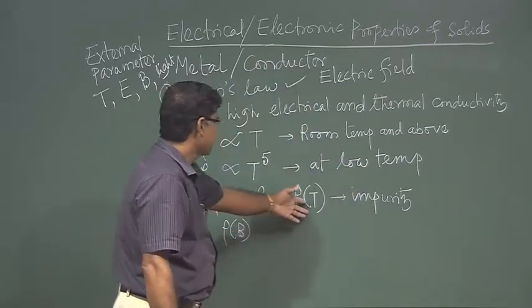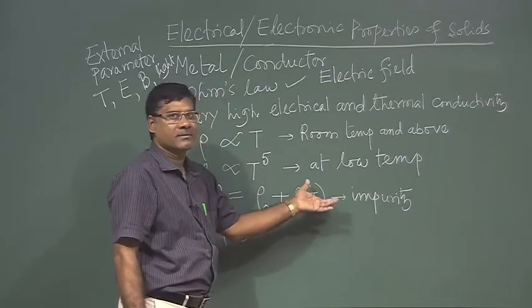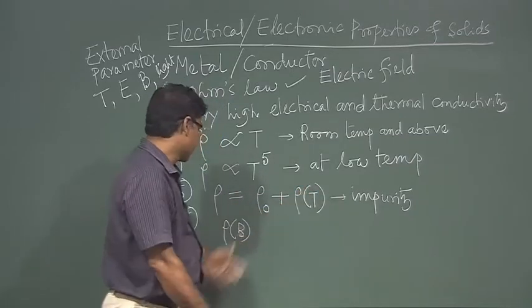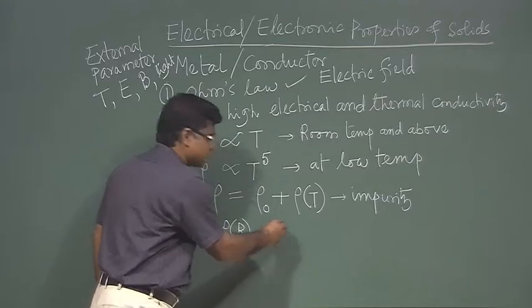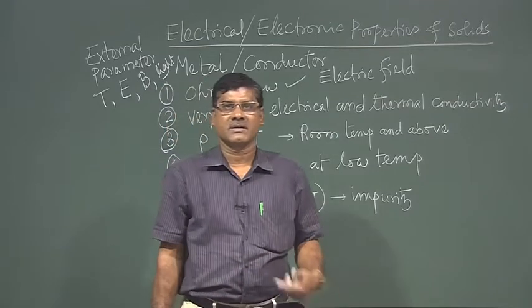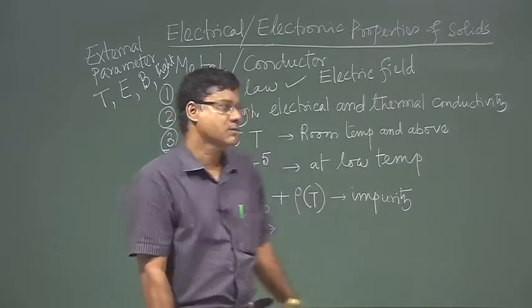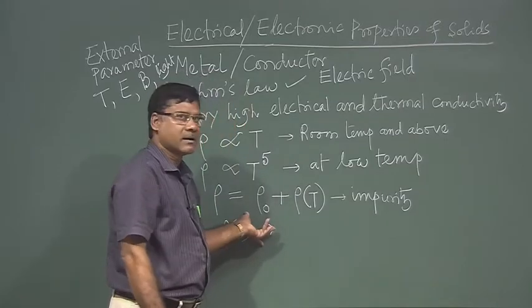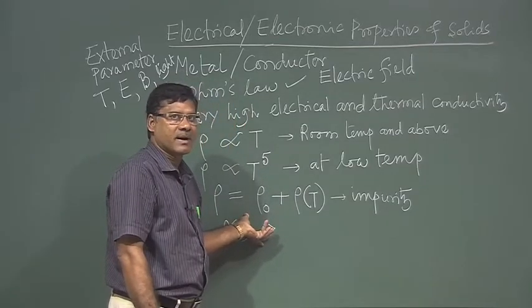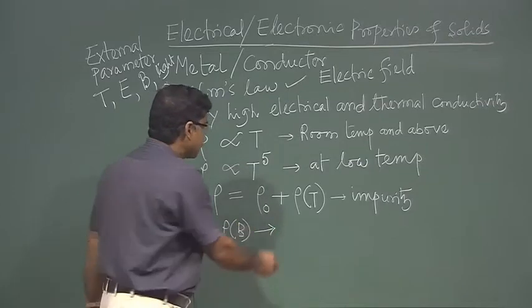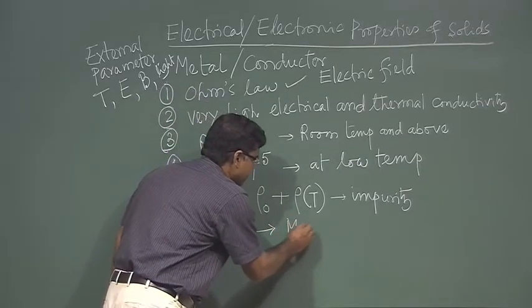Similar to the variation of resistivity with temperature, there is a variation with magnetic field, which is generally called magnetoresistance.